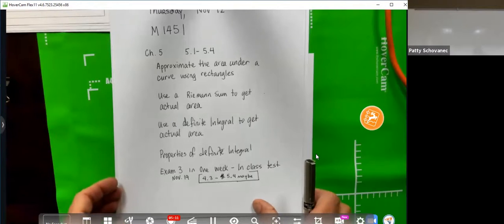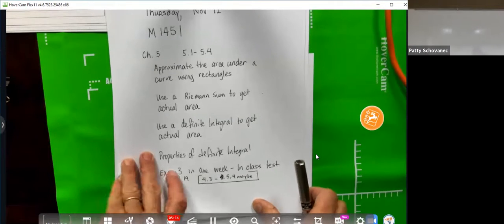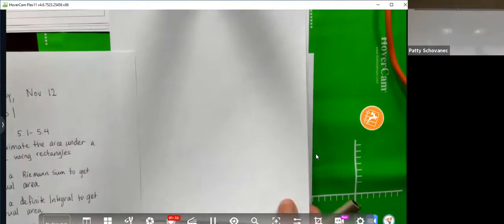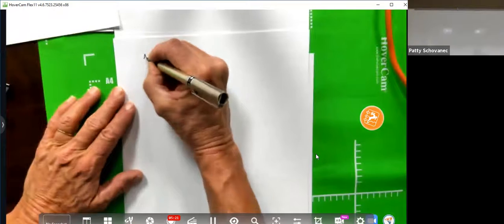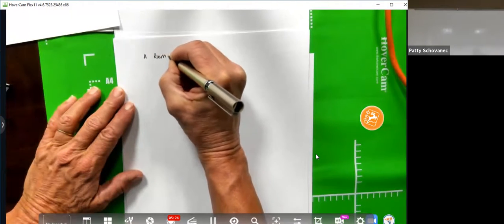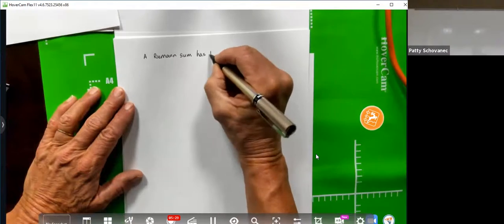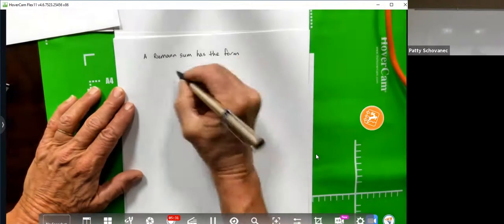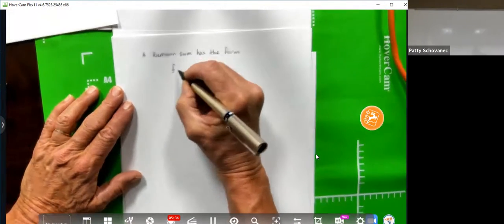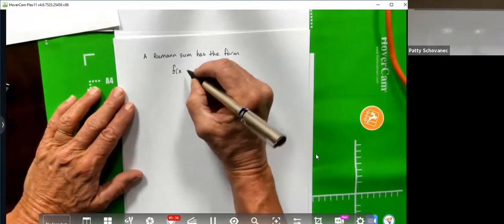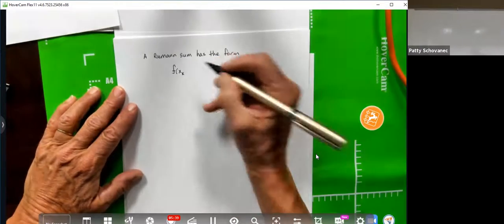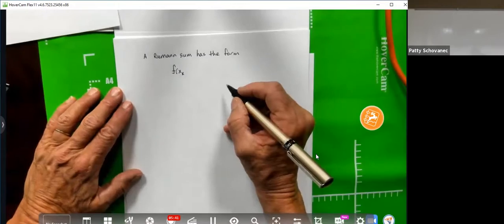So I've got to remind you of the formulas that we were using. Here they are. So the Riemann sum has the form of you break up a region and you find the value of f at some particular point in the kth partition.